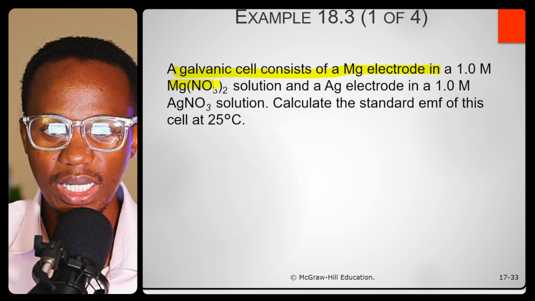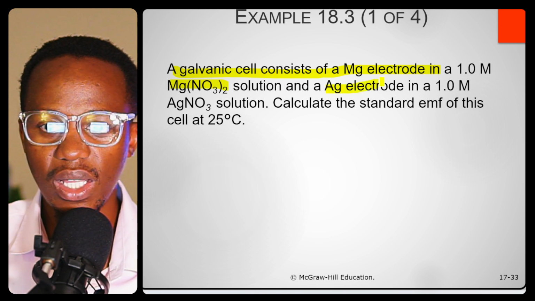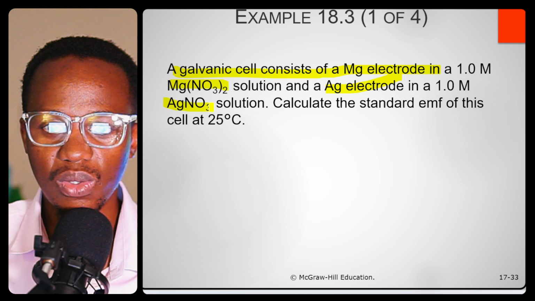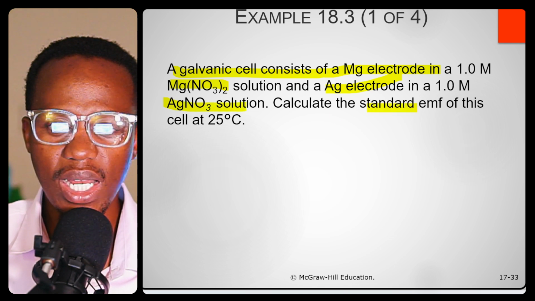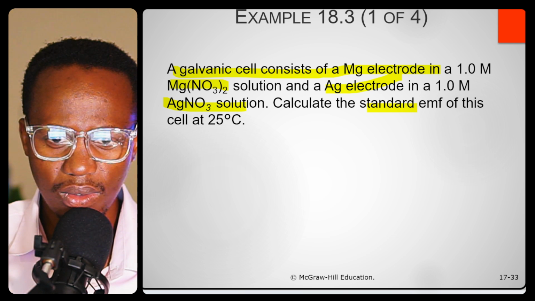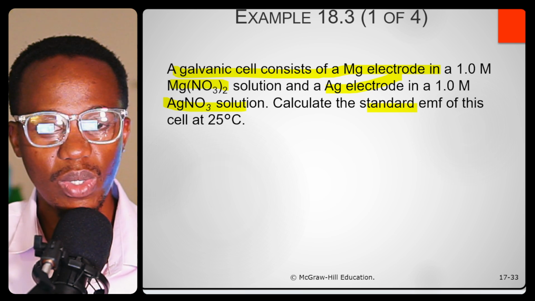So you have a magnesium electrode, and then you have magnesium solution, and then you have a silver electrode, and then you have silver solution, and then calculate the standard. Well, number one is which one is undergoing oxidation, which one is undergoing reduction. So let's actually do this one together, right?